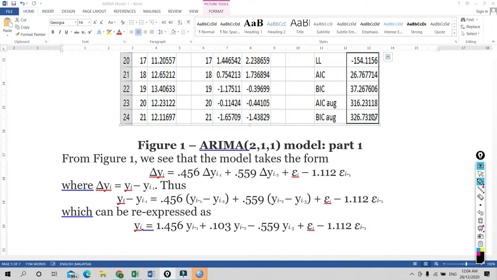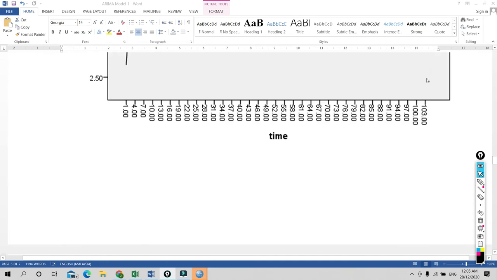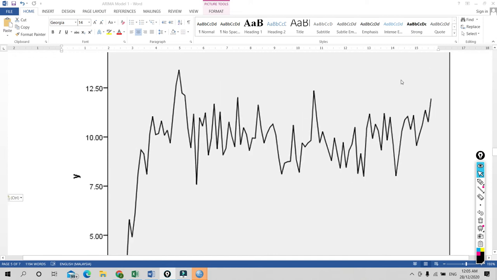Now let's say I want to find out what if I do not do the differencing. Looking at this graph, I feel that we may not need to do a differencing.